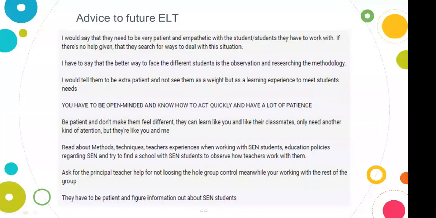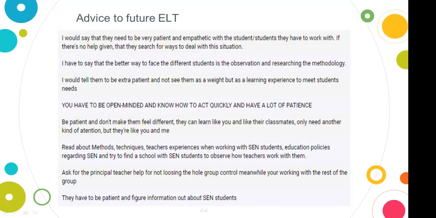Finally, we asked them if they have any advice for future ELT teachers, now that they have the experience. So I will read quickly their advice, but you can go through the lines, and I will just remark the most common thing we identified. The first one said, I would say that they need to be very patient and empathic.